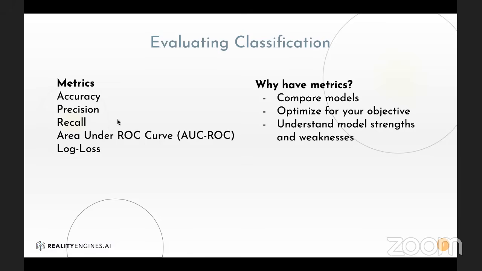And depending on what you care about, and the specific objectives of your problem, you might care about some of these metrics more than others. So understanding those metrics will help you optimize better for your specific objective. And then all these different metrics give you a wide picture of how your model performs and help you understand what its strengths and weaknesses are.